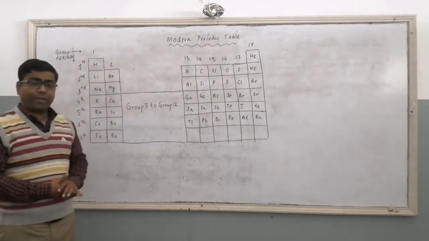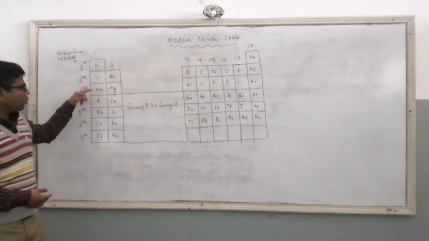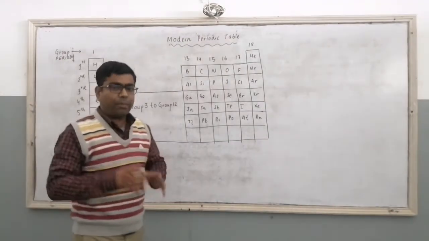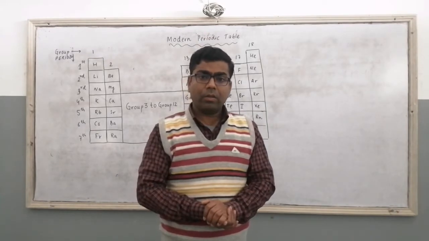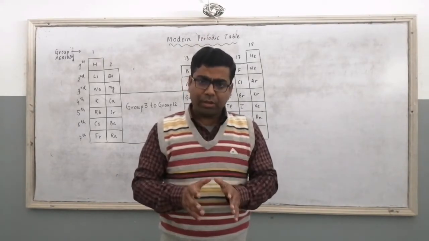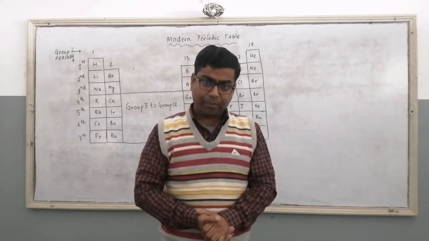So hydrogen has 1 electron in the valence shell, the outermost shell. Similarly, lithium, sodium, potassium, rubidium, cesium and francium all have 1 electron in their valence shell. So the group number gives us information about the number of valence electrons.